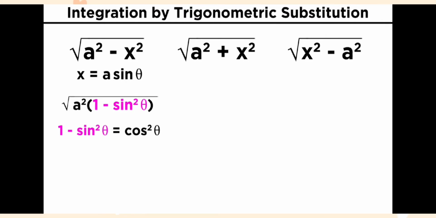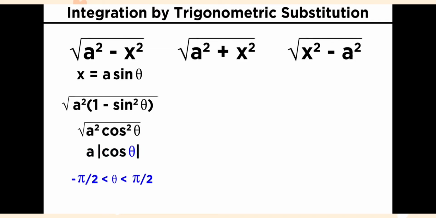Kita akan dapat punca kuasa a kuasa 2 cos kuasa 2 theta. And then a absolute value cos theta. Theta lebih besar daripada negatif pi per 2, lebih kecil daripada positif pi per 2. And then it will be a cos theta.